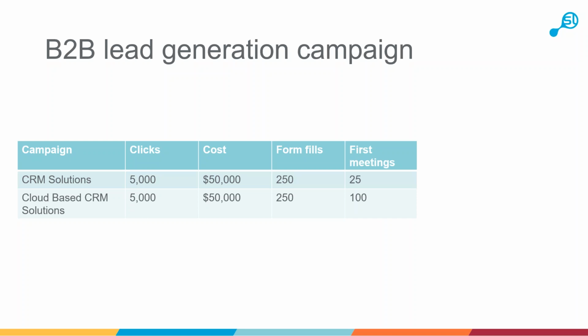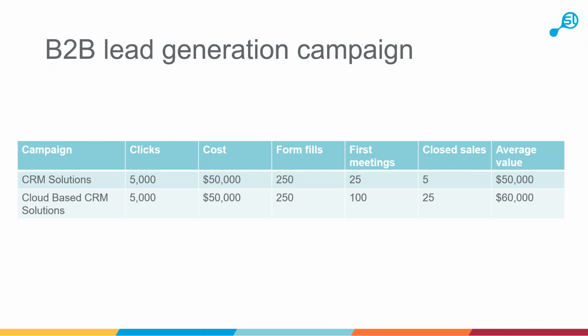Once we start taking into account some offline information of what happens after the lead is generated, you can see that there are distinct differences in these two campaigns and product areas, which can have a significant impact on revenue at the end of it, which is the important number. So if we had this information, then we would definitely make different decisions based on cloud-based CRM solutions.